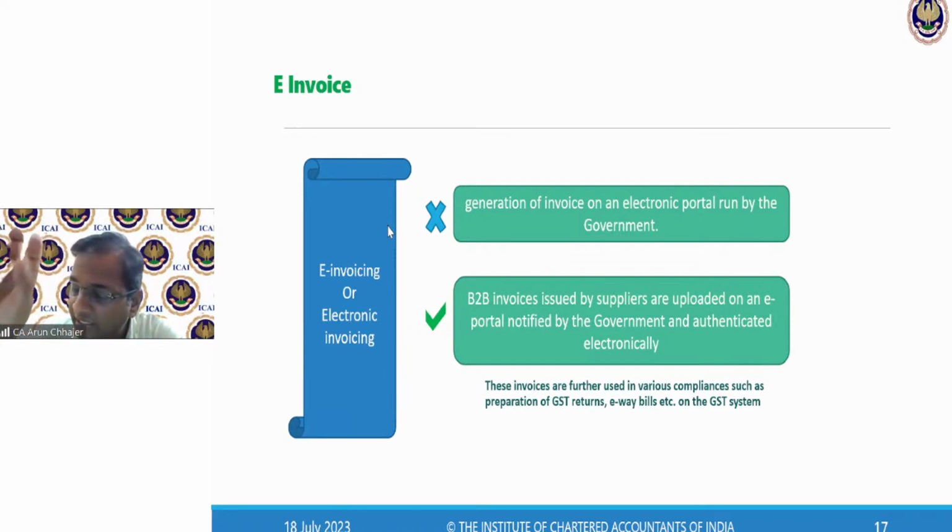Both facilities you have, it's your choice. Manually, it can be uploaded from the front end on the GST e-invoice portal. Second, you can integrate your accounting software with the government portal.